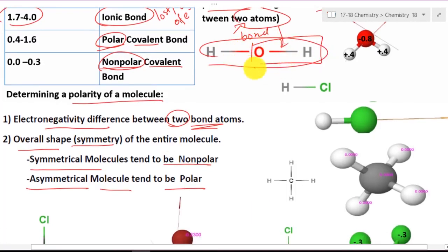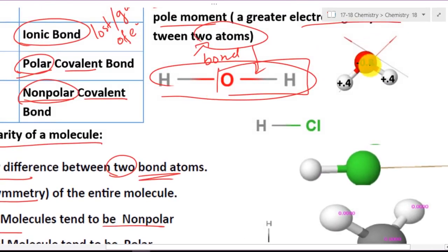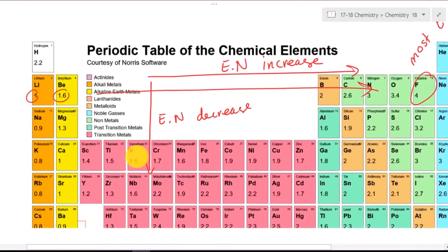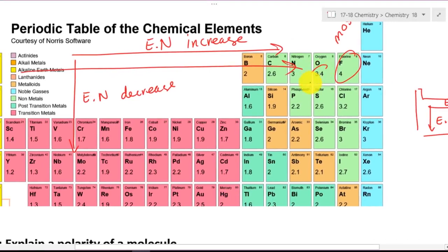Here I have the Lewis dot structure for water. Of course, I ignore the lone pairs right here. And when I generate the 3D version, look at what happened. If you look carefully, we have a negative charge right here, and a positive charge, and a positive charge. Hydrogen is 2.2, and oxygen is 3.4.